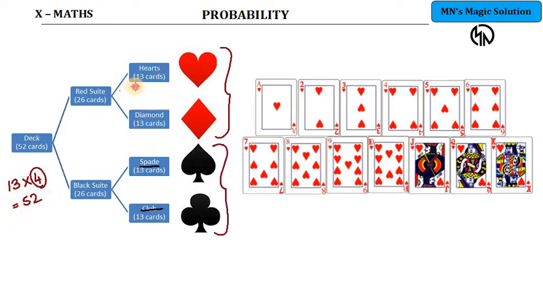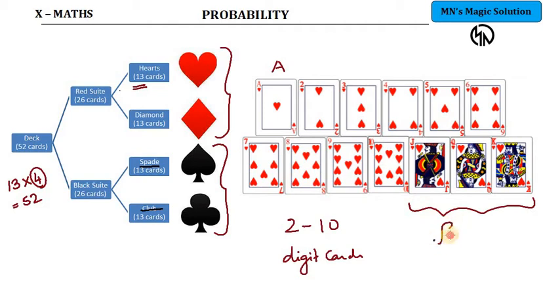Now coming to the individual 13 cards in each set. Here, for example, we have the 13 cards from the set of hearts. You have an A, and then from 2 to 10 you have number cards or digit cards. And we have 3 face cards, namely Jack, Queen and King.